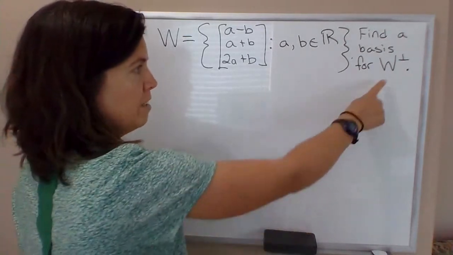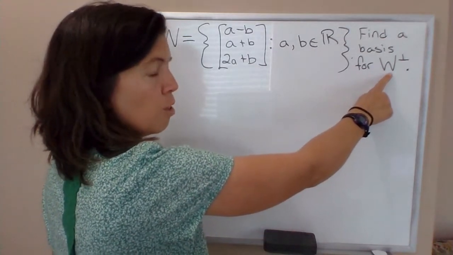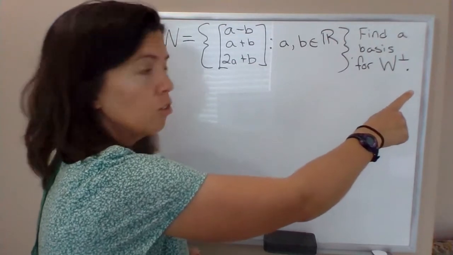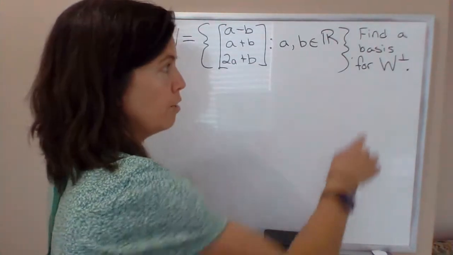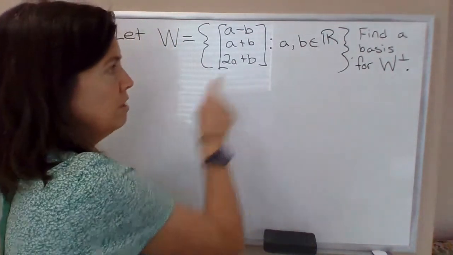So we want to find a basis for the orthogonal complement, the collection of all vectors that are orthogonal to every vector in this subspace.